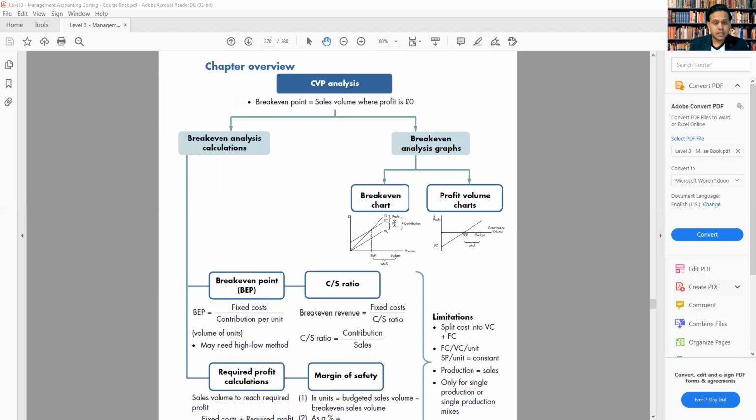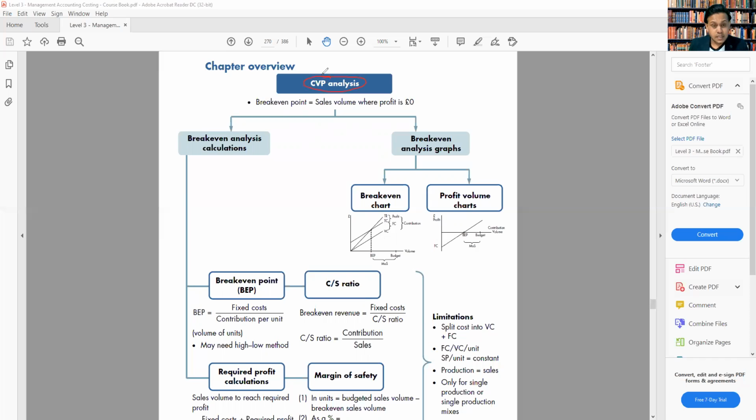In this chapter, we can see there are a lot of formulas. It's better if you have a pen and paper so you can make a note of that. It's very, very important to memorize these formulas because in the exam, you will not be given them. So you have to memorize all of these formulas. This analysis is called CVP analysis.